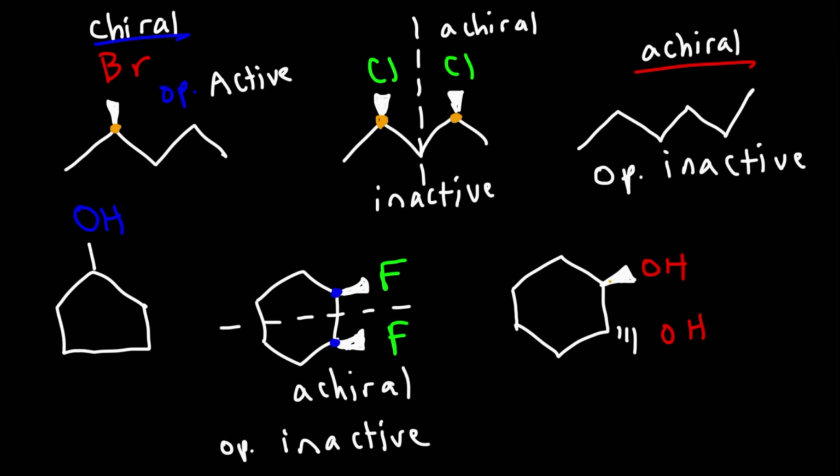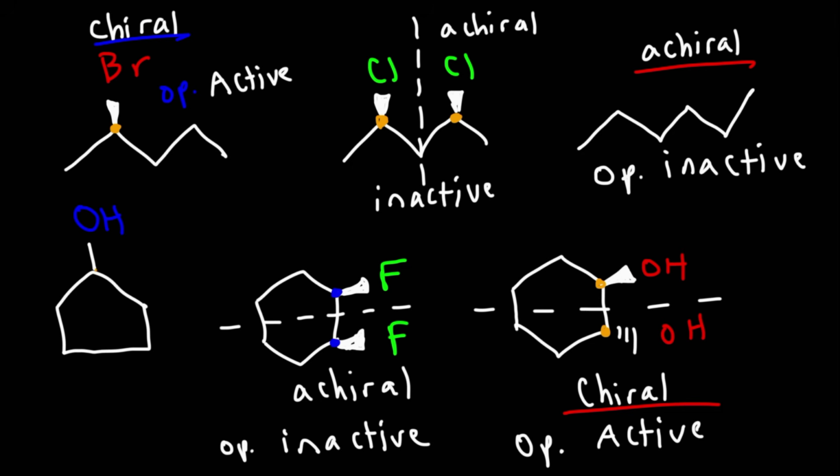Now for this one, we have 2 chiral centers, but we don't have a plane of symmetry. The OH is on the front. Here, this one is on the back, going into the page. So this is a chiral molecule, and it will show optical activity. It will be optically active.